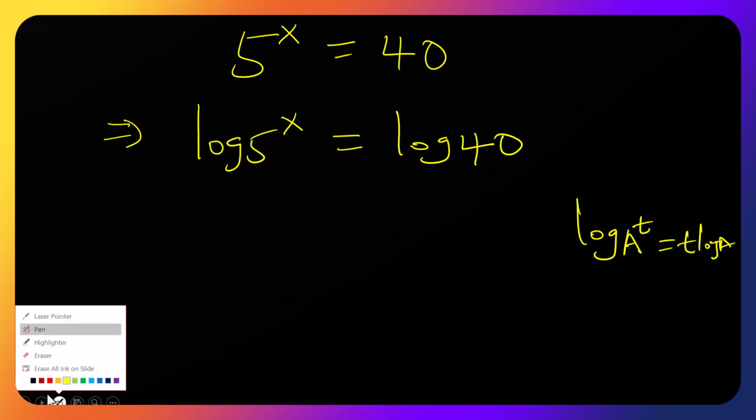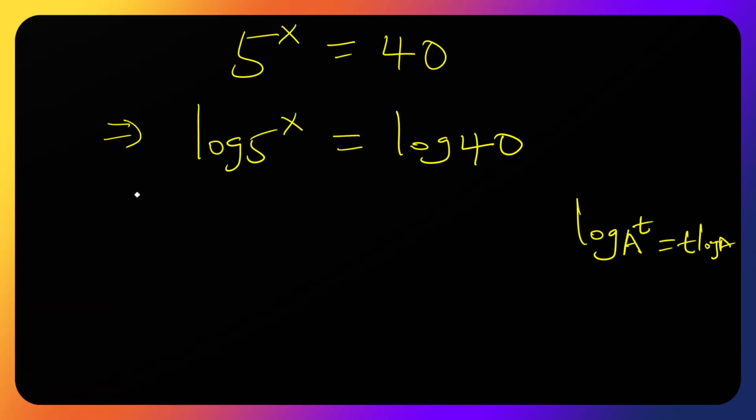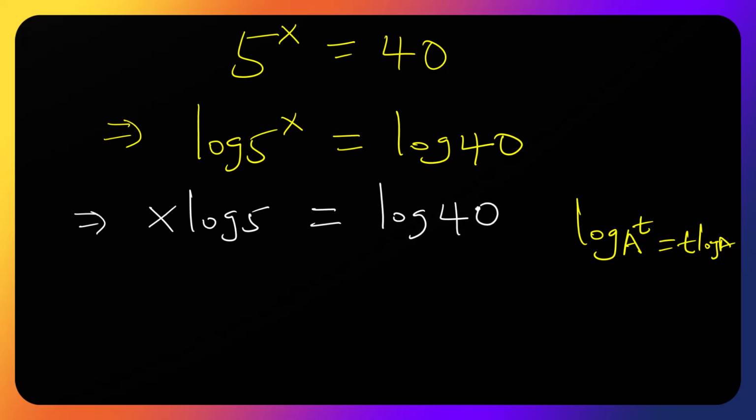Okay, all right. So from here, I'll arrive at x log 5 equals log 40. Now let's divide both sides by log 5.